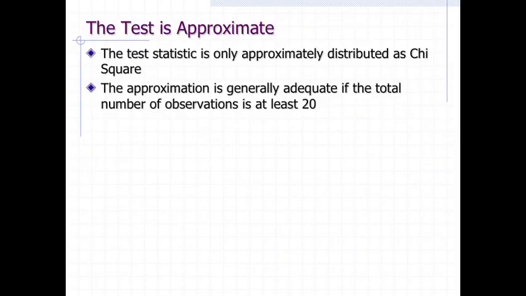The formula for chi-square yields a statistic whose distribution is only approximately a chi-square distribution. The approximation is adequate, or at least conservative, when the total number of subjects is 20 or more. Some authors claim that the correction for continuity should be used whenever an expected cell frequency is below 5.